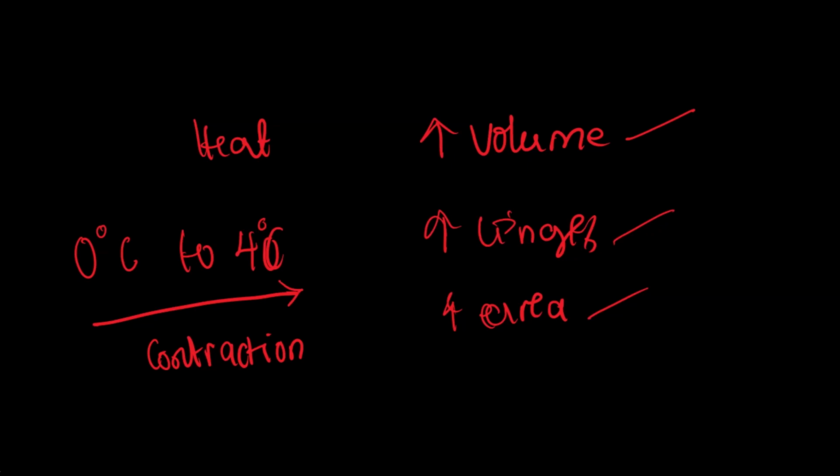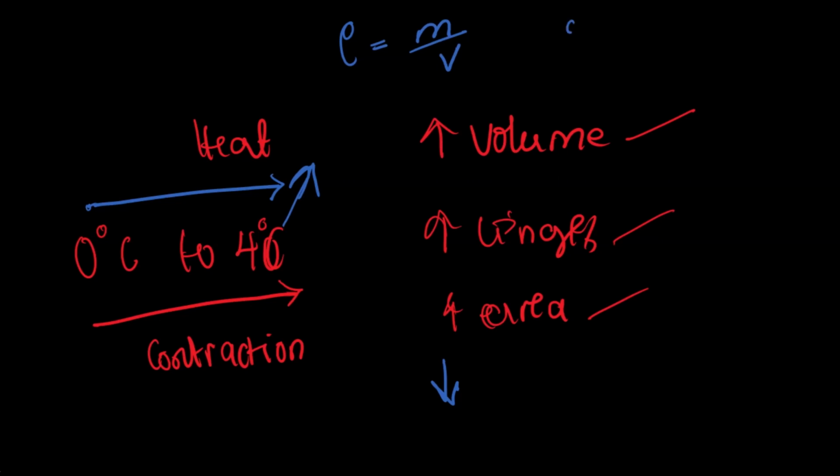Now, why is this of importance? This is of importance because water actually has its highest density at 4 degrees Celsius. Okay, so water continually contracts from 0 degrees Celsius to 4 degrees Celsius. So we have a decrease in volume. And we know that density is mass divided by volume.